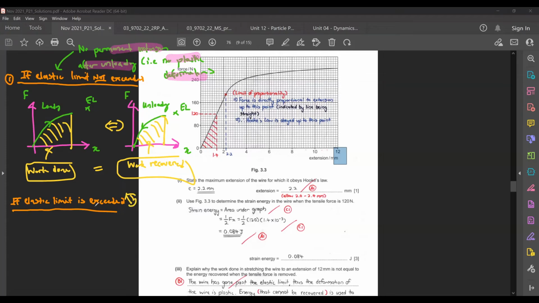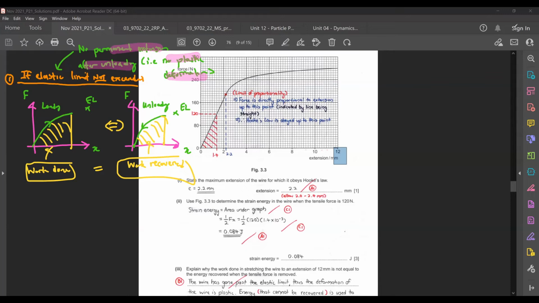Let's just say your elastic limit was here just now. You load it all the way past your elastic limit. Let's just say you load it all the way here. So when you unload it, oh wait, this one I cannot use the same diagram. My mistake. Let me just draw it out very quickly for you.